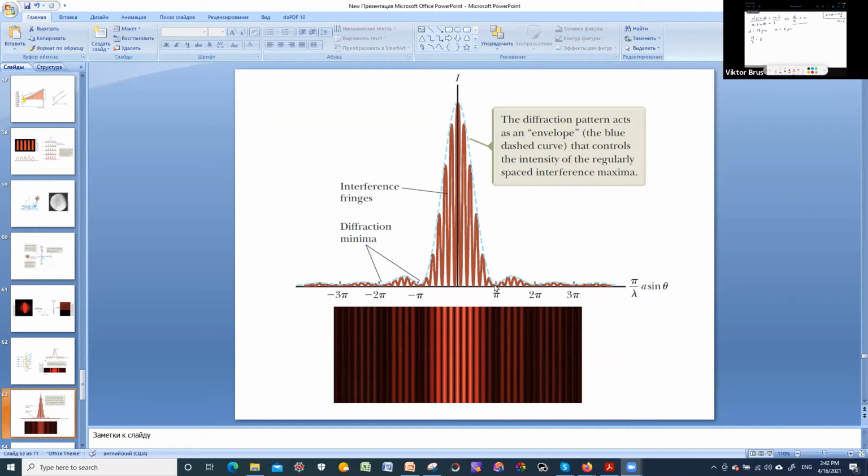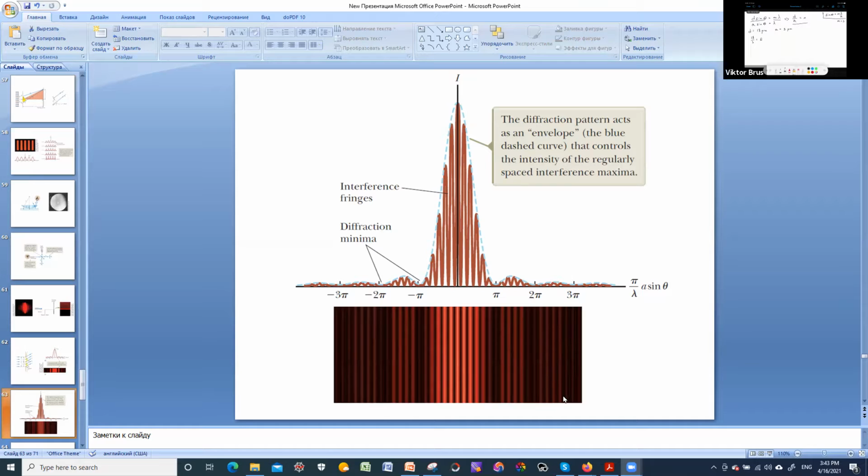So we see that the 6th interference maximum coincides with the first order diffraction minimum, and we get a completely dark point here. So if we go down, it should be 0 intensity.